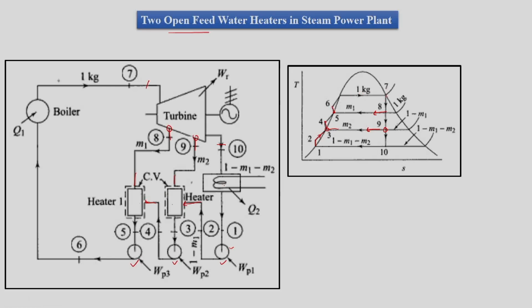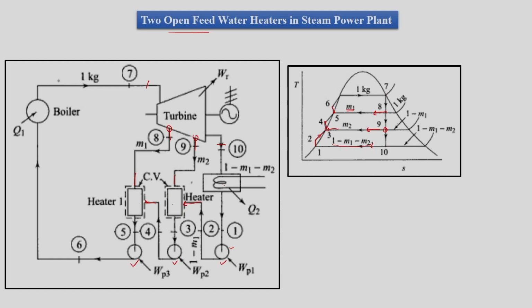Then there is expansion from 7 to 8 for the complete mass in the turbine, but later we take a drip of mass m1. So we will have only 1 minus m1 mass expanding from state 8 to state 9. Then we have a drip at 9 for m2 mass. Then we have expansion of the steam from 9 to 10 for mass 1 minus m1 minus m2, and the same steam is passed to the condenser.